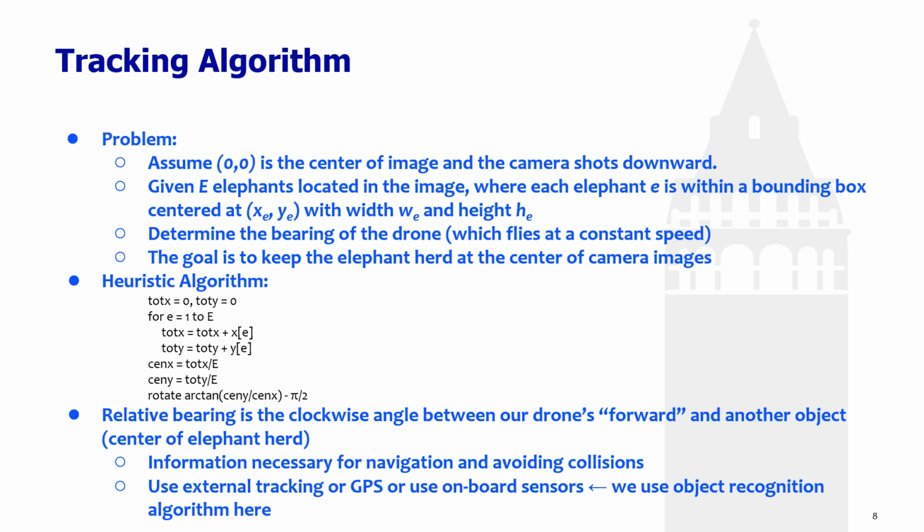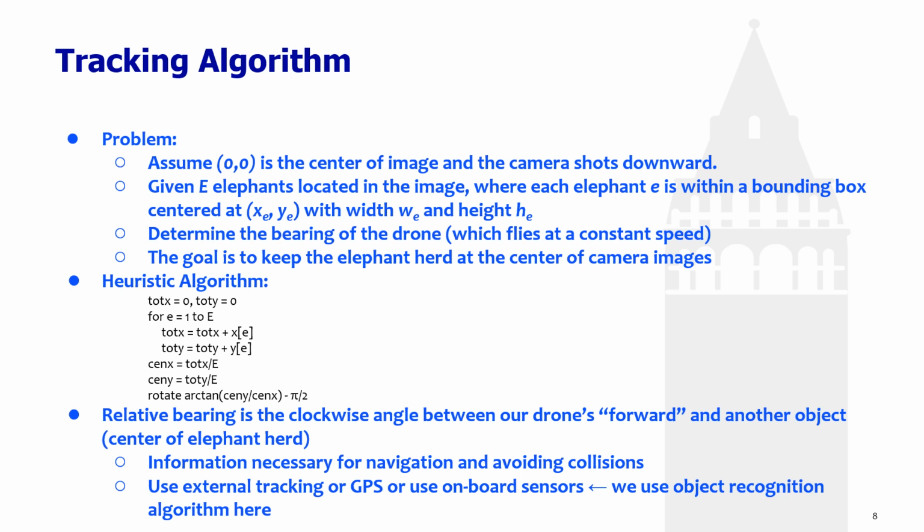Our tracking algorithm aims to maintain the drone's position at the center of the elephant horde. First, we assume that (0, 0) is the coordinates of the center of the image. Then, using machine learning, we draw bounding boxes around the elephants. If we take the center of the bounding boxes as the coordinate of each elephant, we can find the average coordinate, which is all the coordinates added up and divided by the total number of coordinates.